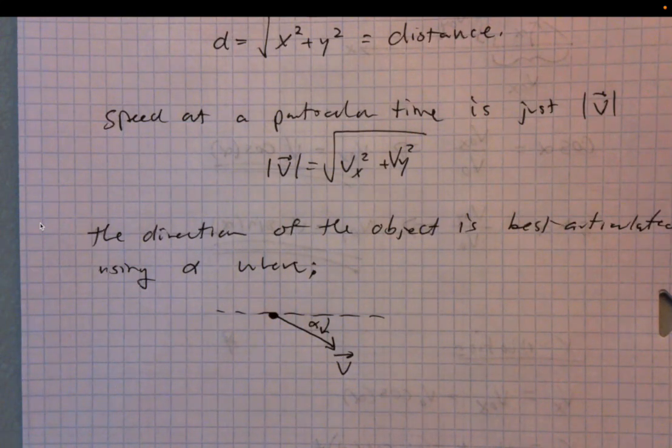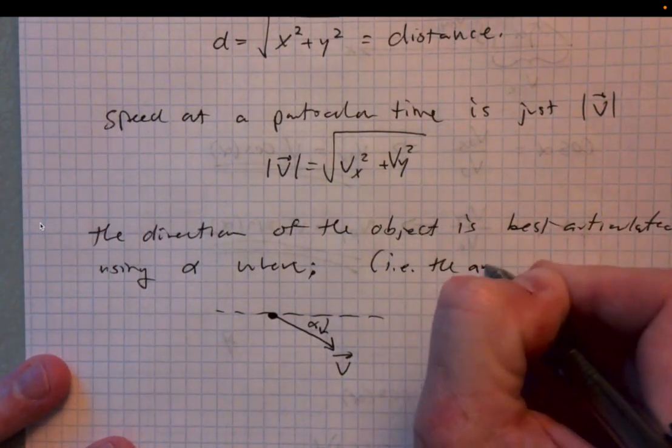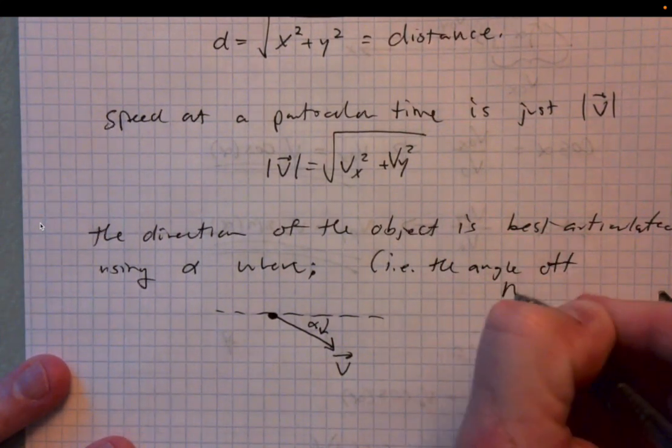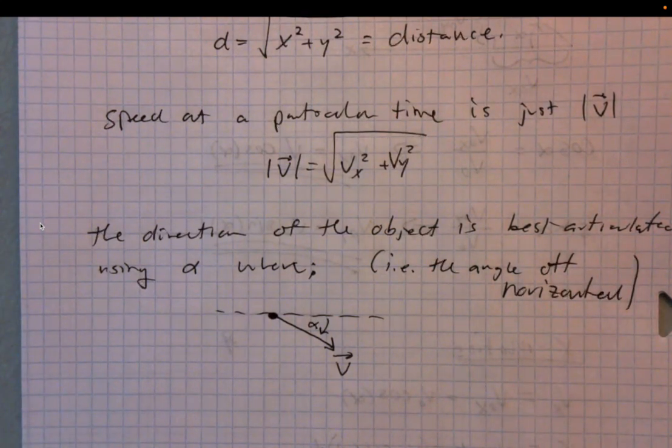So the angle off horizontal basically would be another way to say it, i.e. the angle off horizontal, right? So what's the inclination relative to the horizontal, right?